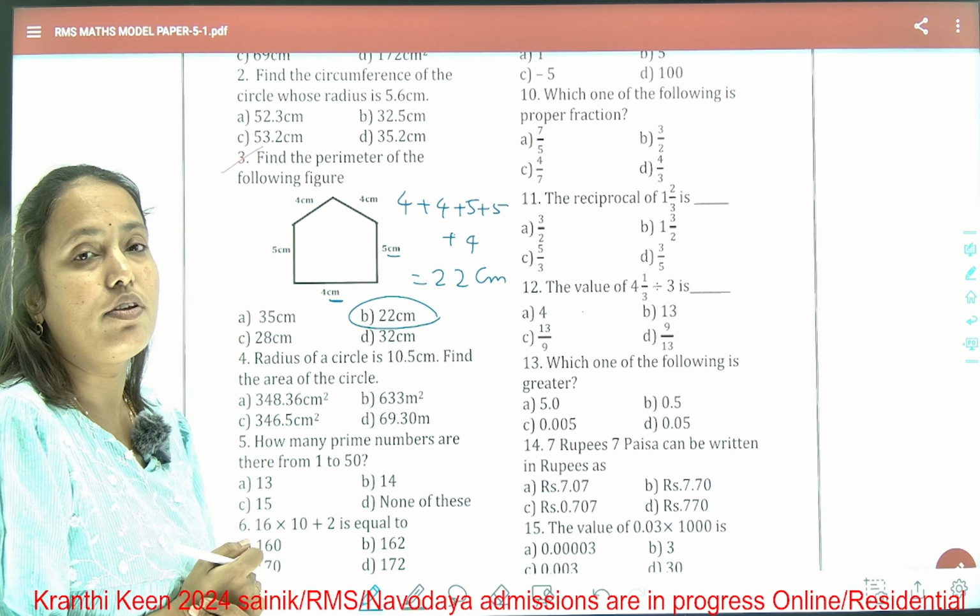But these questions are not only important for those preparing for Sainik and Navodaya. Every child studying 6th, 7th standard who will go to Olympiad exams or any competitive exams will find it useful. Not only for Navodaya.